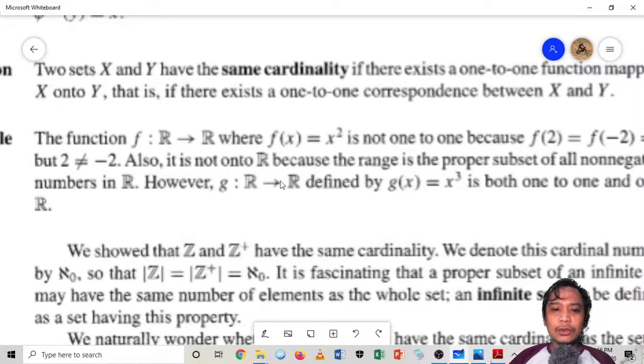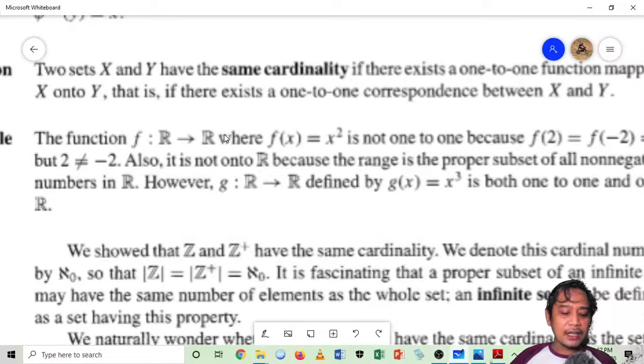Also, it is not onto. Why? Because take note that the codomain is R, but not all elements of R are images. Take for example negative 2. We cannot find an element of R, a real number, for which the square is negative 2. Okay? Therefore, there is no pre-image for negative 2. Hence, negative 2 is not an image.